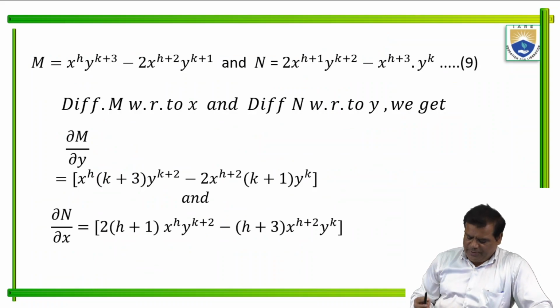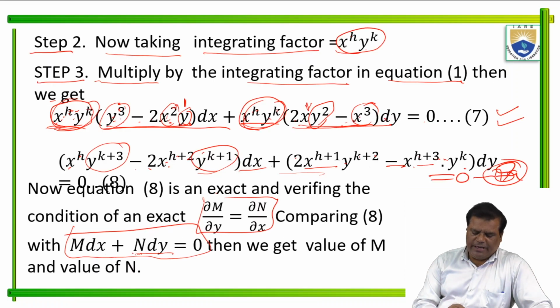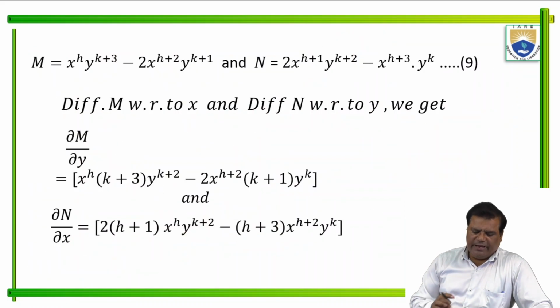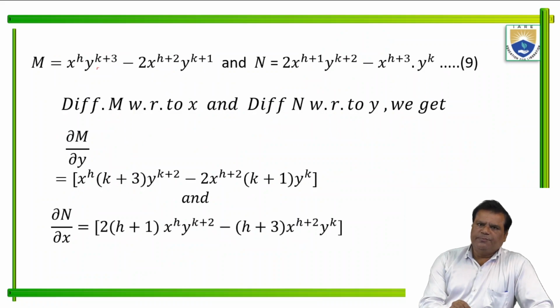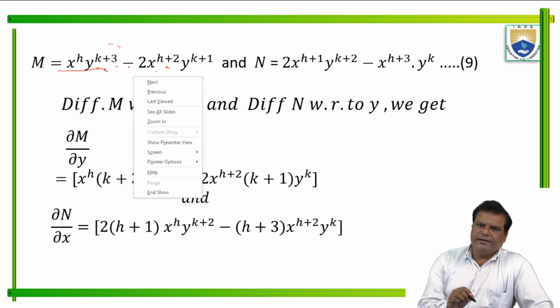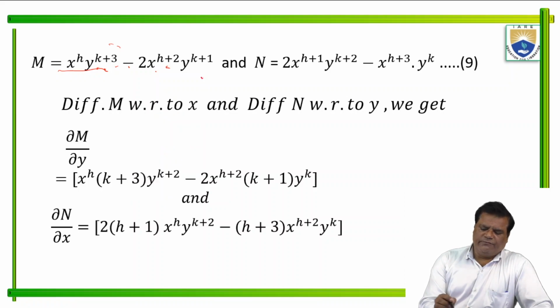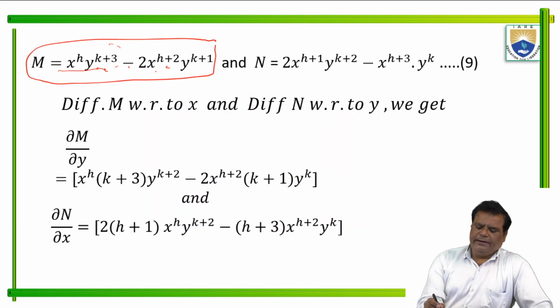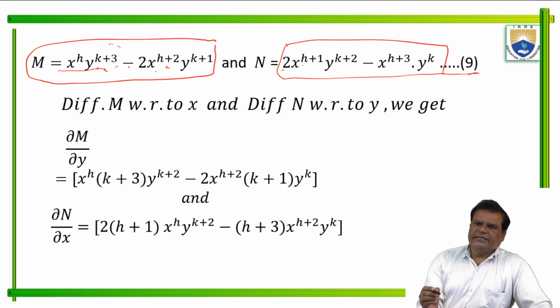Comparing, what is the value of M? M is x to the power h and y to the power k plus 3, minus 2x to the power h plus 2 y to the power k plus 1. This is the total value of M. And N is 2x to the power h plus 1 and y to the power k plus 2, minus x to the power h plus 3 y to the power k.